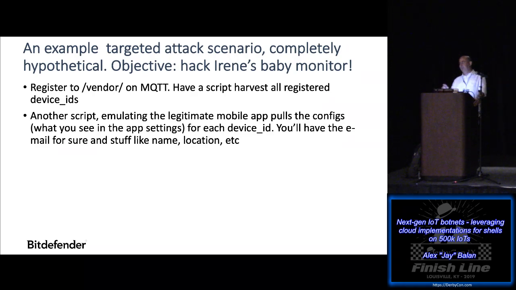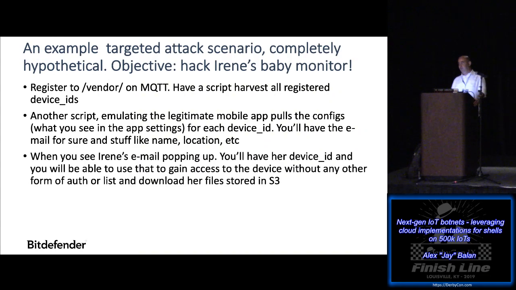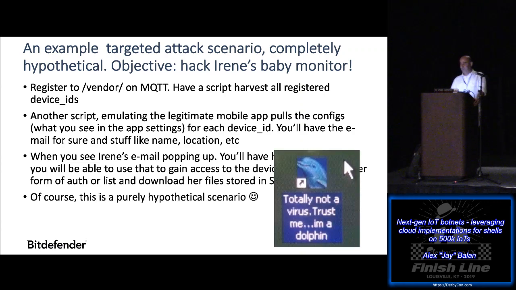And once you validate that that device ID is correlated with the email address that you want to target, you go to S3, and you look up that device ID for the recordings. I hope that this makes sense to you guys. It does make sense for my friend. And unfortunately, it does work. And of course, it's a purely hypothetical scenario.